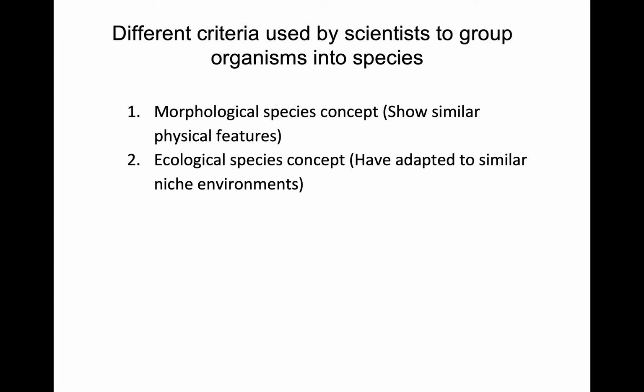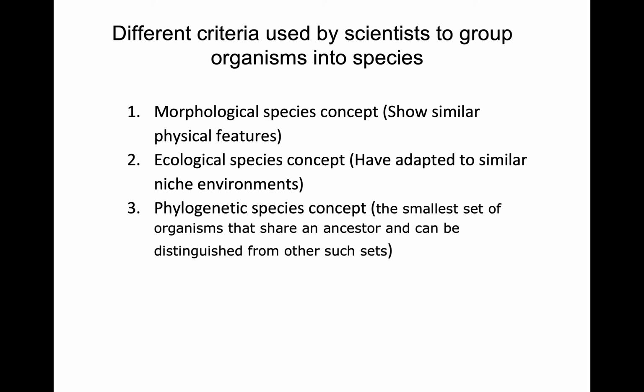Then there's the ecological species concept, which scientists use to place organisms into the same group depending on whether or not the niche environment to which they have adapted are similar.